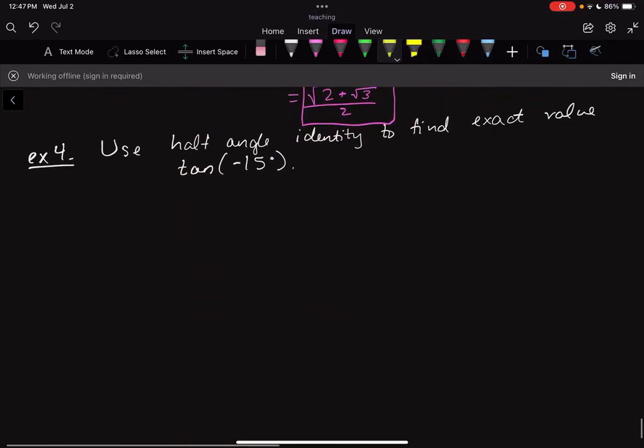So I come down here and I'm going to rewrite the identity for us. So tangent x over 2 is equal to 1 minus cosine x over sine x.